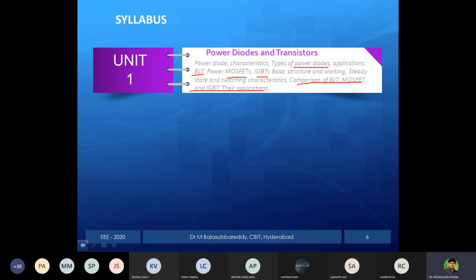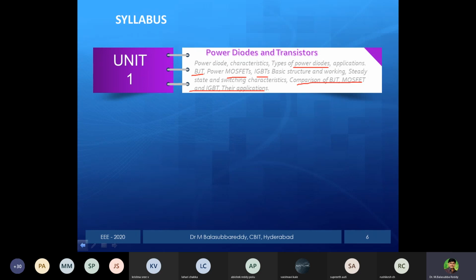While designing or fabricating the device, one additional layer comes into the picture, and that is used only in high rating power devices. If I say diode, that diode is different and this diode is different. The normal diode is whatever you know, the PN junction.